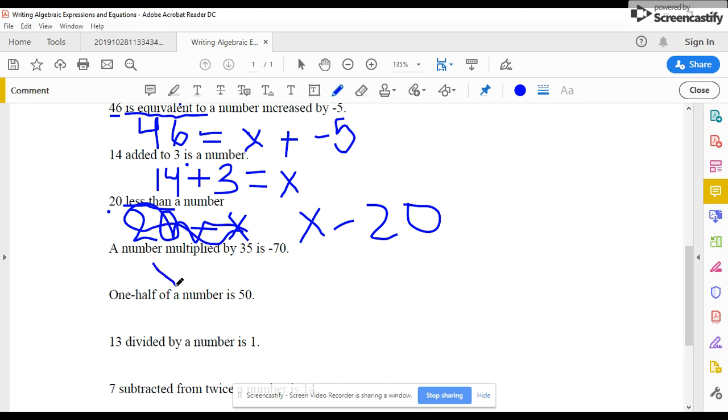Next, a number multiplied by, so put your dot, 35 is negative 70. 1/2. So 1/2 is our fraction. And then we just have the word of. If you look on your sheet, the word of by itself is always times. So 1/2 times a number is 50.